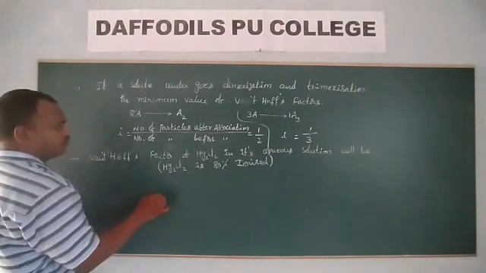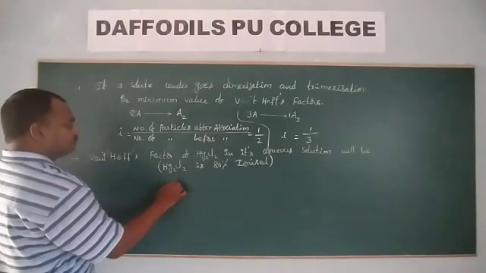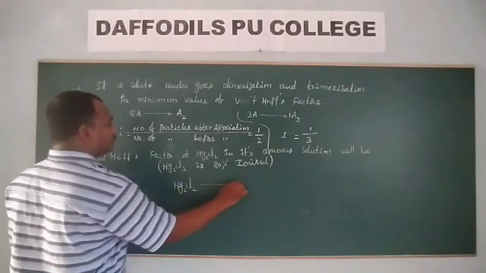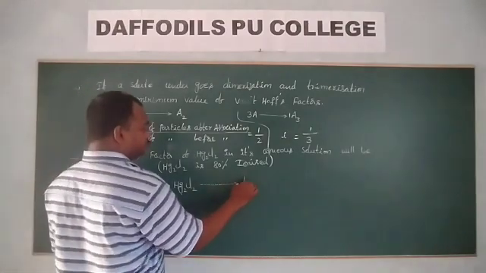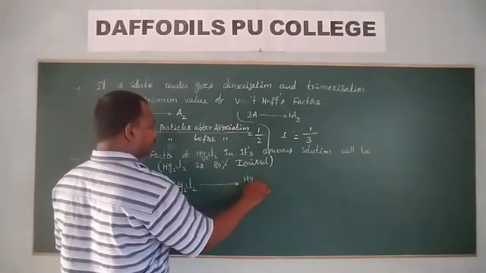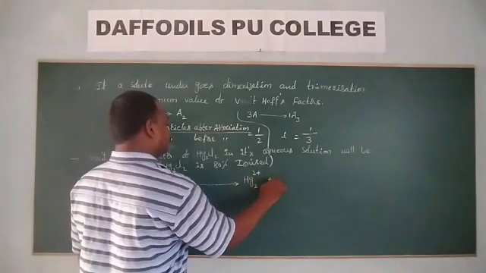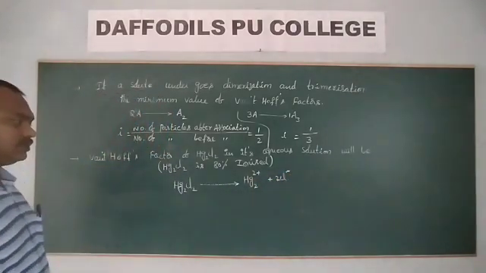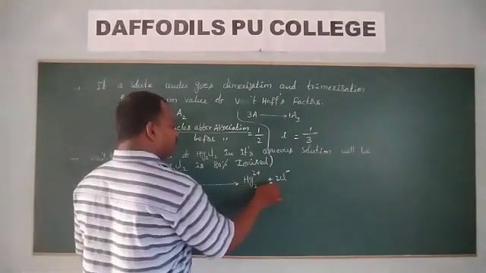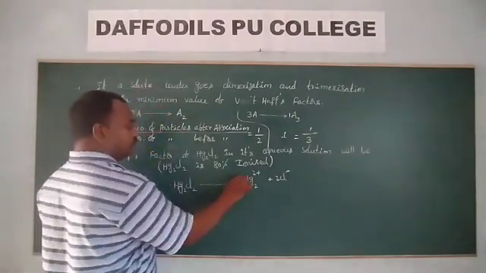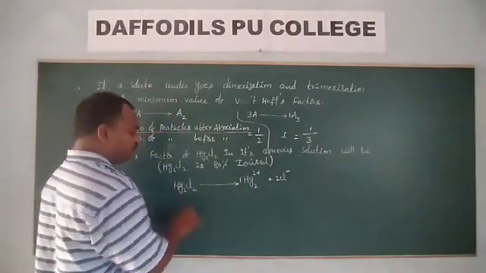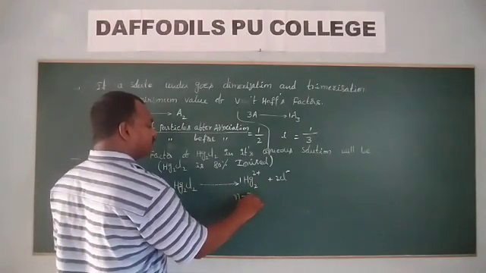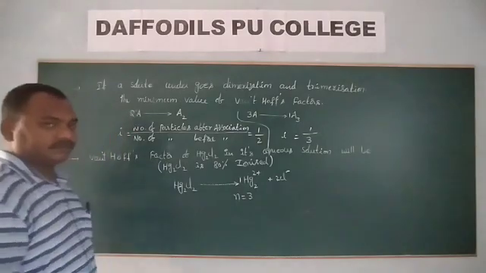So write down the ionization of this Hg2Cl2. This is the ionization of Hg2Cl2. When this one undergoes dissociation, how many particles will you get? You will get 3 particles.